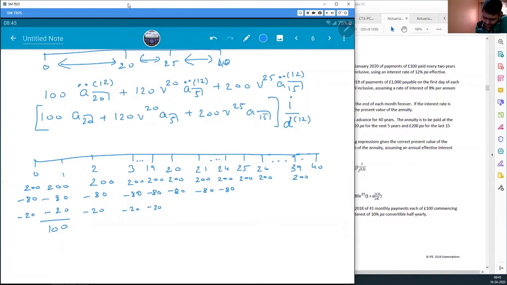So for the first 20 years, we are paying 100 rupees. For the next 5 years, we are paying 120. And for the last 15 years, we are paying 200.